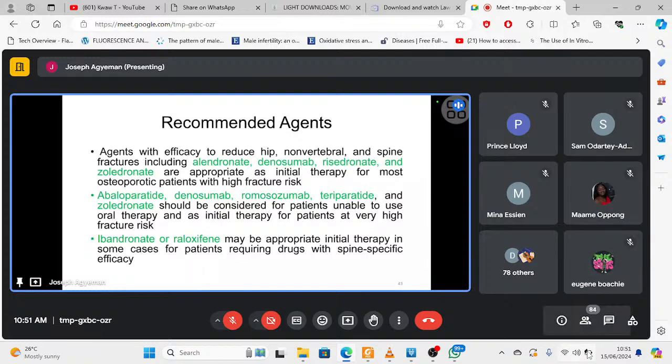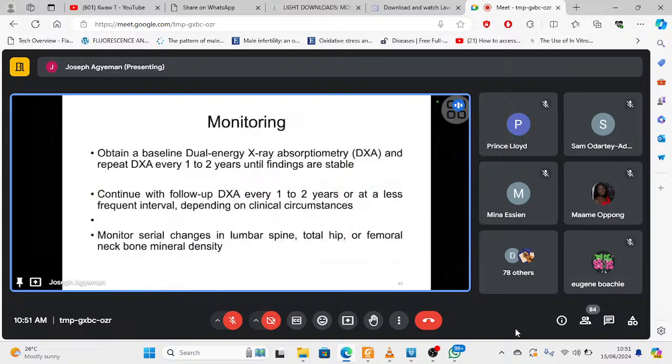In particular, you may consider ibandronate or raloxifene. Raloxifene, especially in postmenopausal women, could be considered. But always remember that it is still an estrogen. And therefore, if there is any history of thromboembolic problems, you run away from raloxifene.